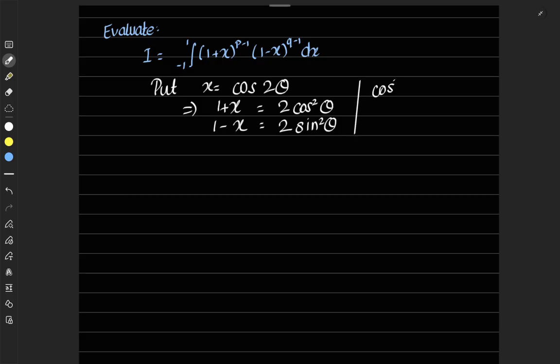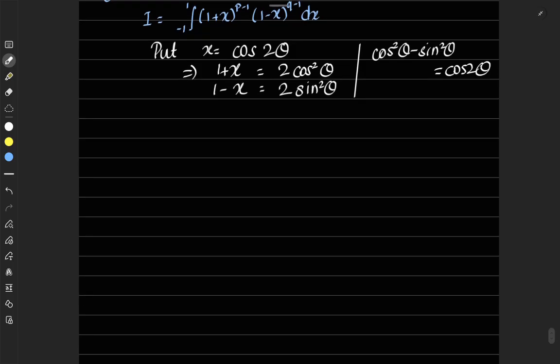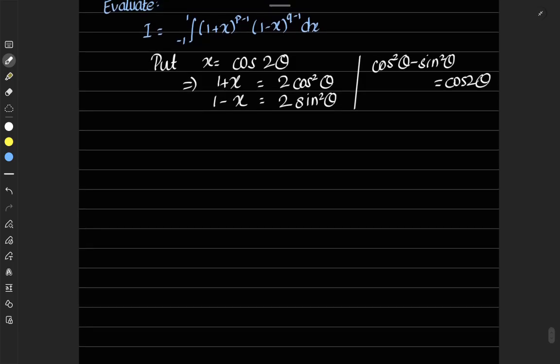Notice that cos square theta minus sin square theta is given by cos 2 theta. So here if we add 1, we'll get the first result, and if we subtract this from 1, we'll get the second result. So we'll substitute the values.